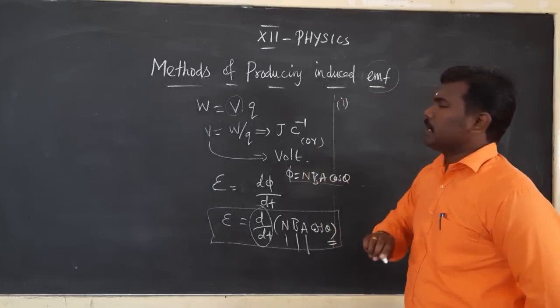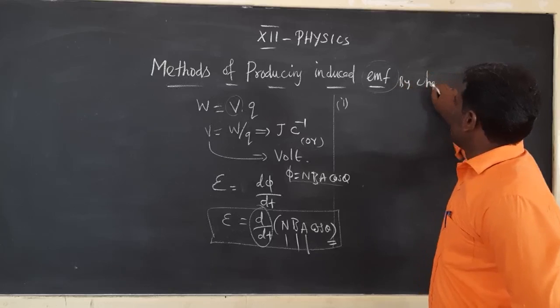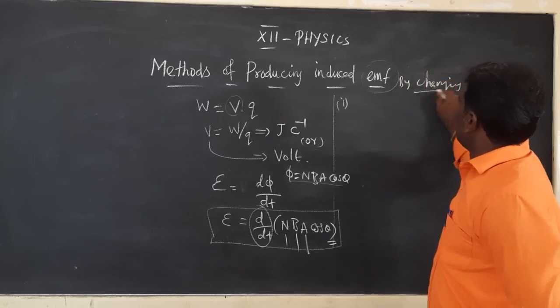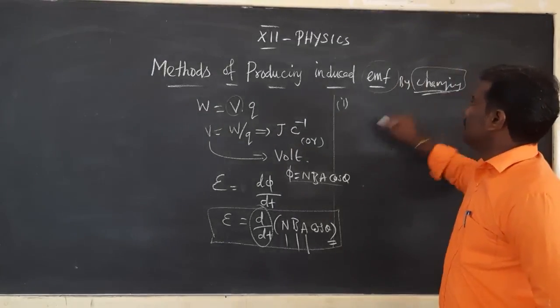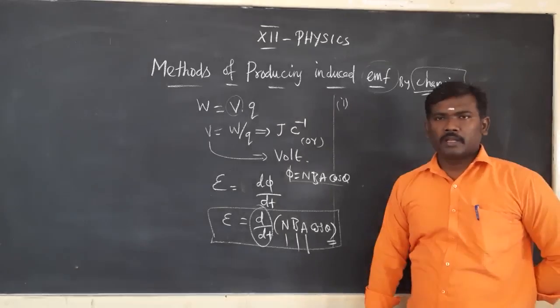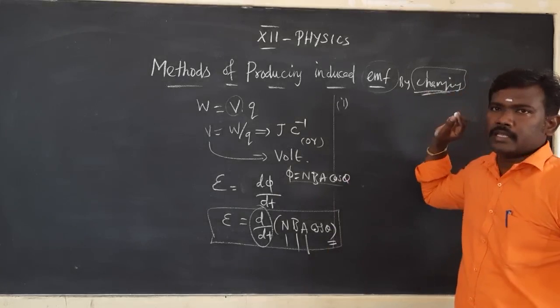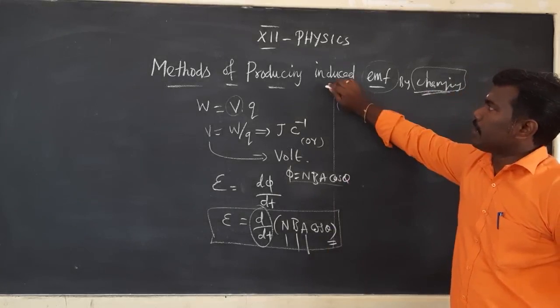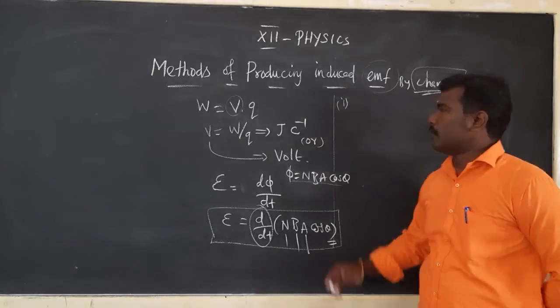Okay, in this question note one point: the word "by changing". Without writing that word, the mark allotted for the answer is 0, because without change we cannot produce the induced EMF in any closed circuit.